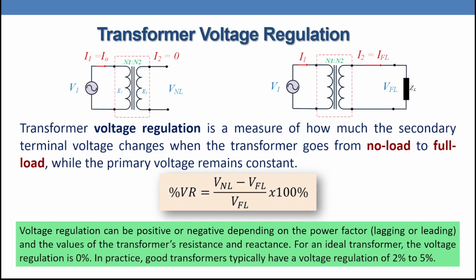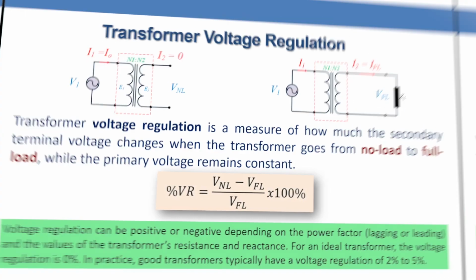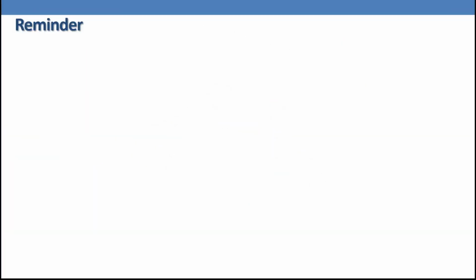For an ideal transformer, the voltage regulation is 0% because the impedance of the transformer is neglected, while in practice, good transformers have a voltage regulation within 2% to 5% because R equivalent and X equivalent are counted. Before we start the mathematical analysis of voltage regulation, let me remind you about the phasor diagram of passive elements.